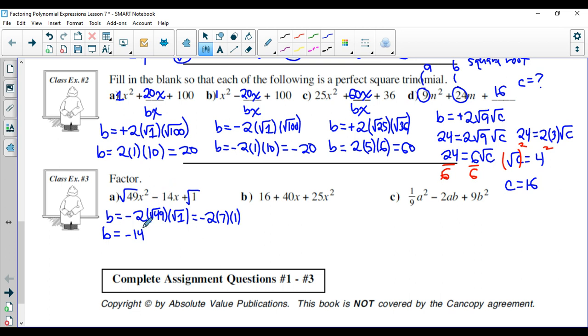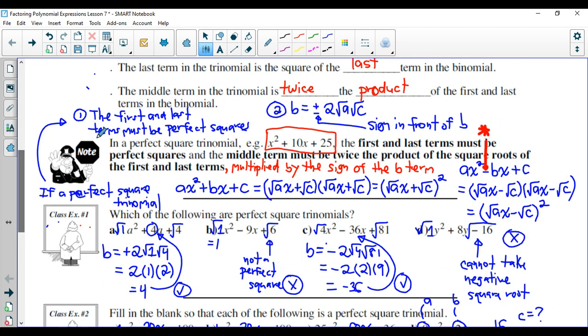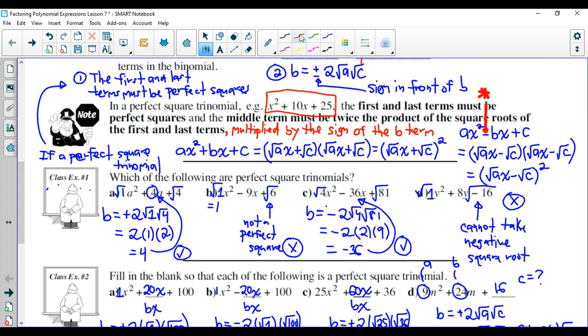Okay, that's the same value of b that we have up here. So this is a perfect square trinomial. It meets the first test, which is the first and last terms are perfect squares, and it also meets the second criteria.